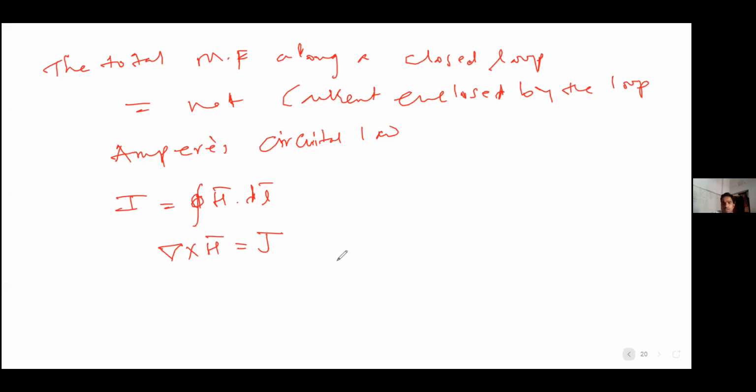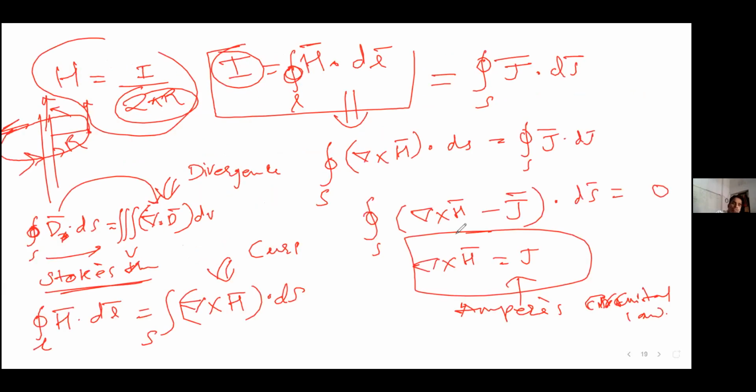Using Stokes theorem, we can convert the line integral to a surface integral, and this is how we take the curl of the vector. So this is Ampere's circuital law.